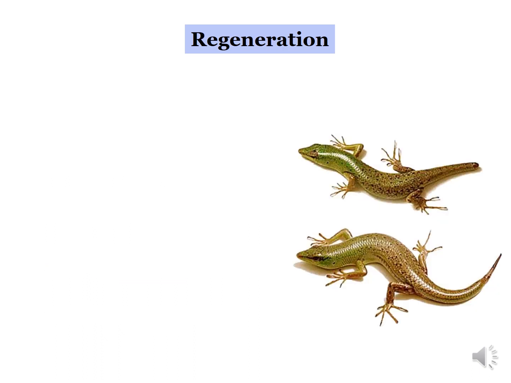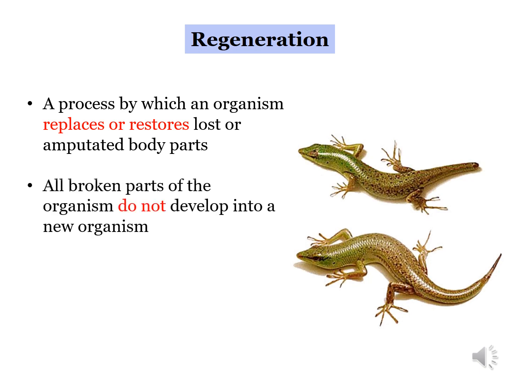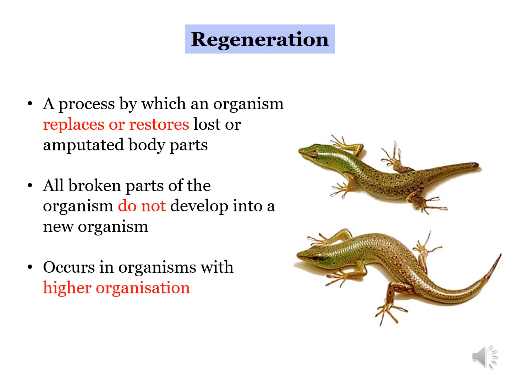On the other hand, regeneration is when one organism restores or regrows any lost or amputated body parts. Remember, the lost body parts will not develop to become another individual. Only new body parts will result in this process. Examples of animals with this type of reproduction are starfish and lizards.